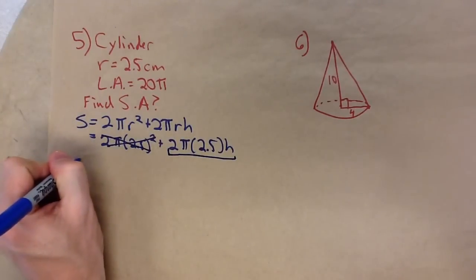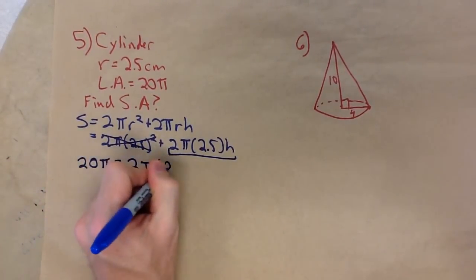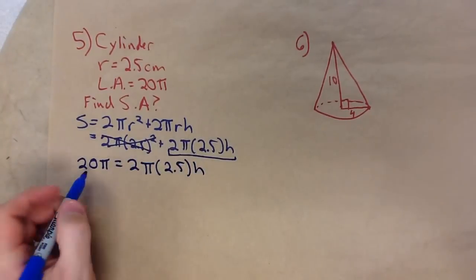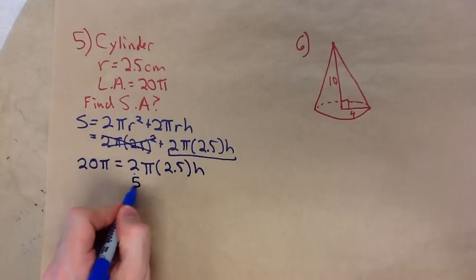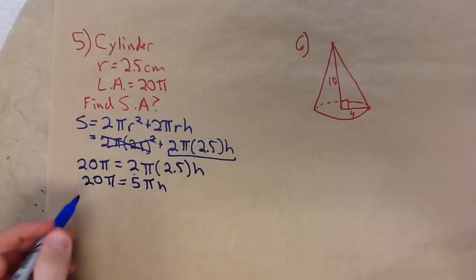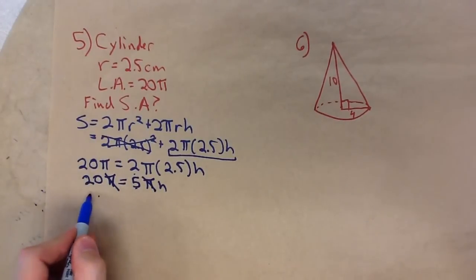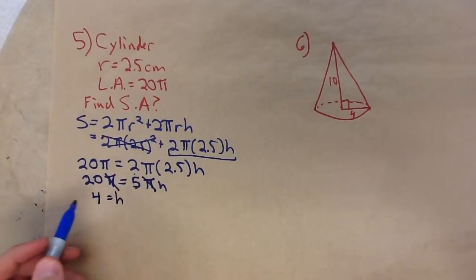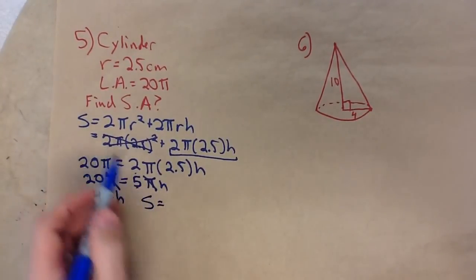So I'm going to say that 20 pi equals 2 pi times 2.5 times h. On the right side, 2 times 2.5 is 5, so 5 pi h equals 20 pi. I can divide pi from both sides, divide over by 5, and I get 4 equals h. Now I go back, I need to find the surface area, which is that original formula I wrote.